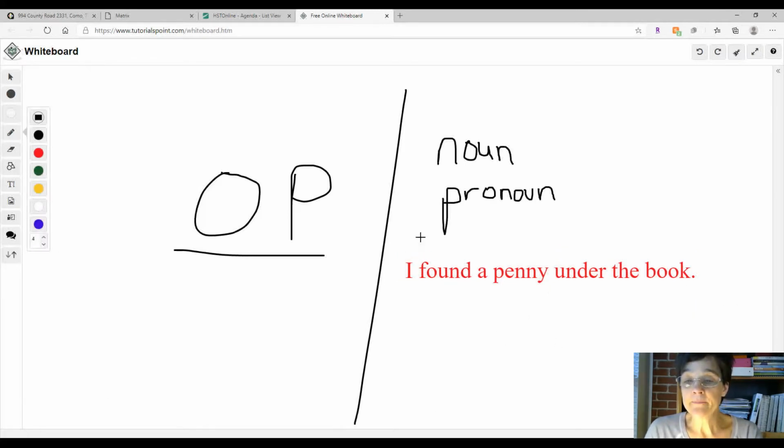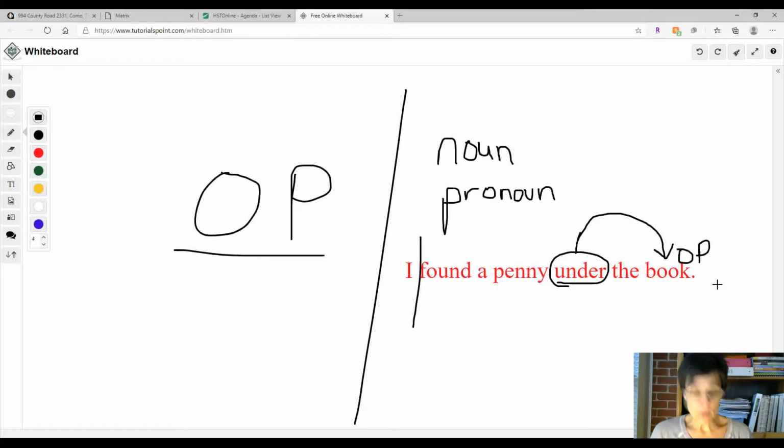Now, we said subject, verb. Okay, we said that under was the preposition, right? Because under is a preposition. Okay, the OP is always the noun or pronoun that comes after it. It kind of tells the what. Okay, so this book is the OP.